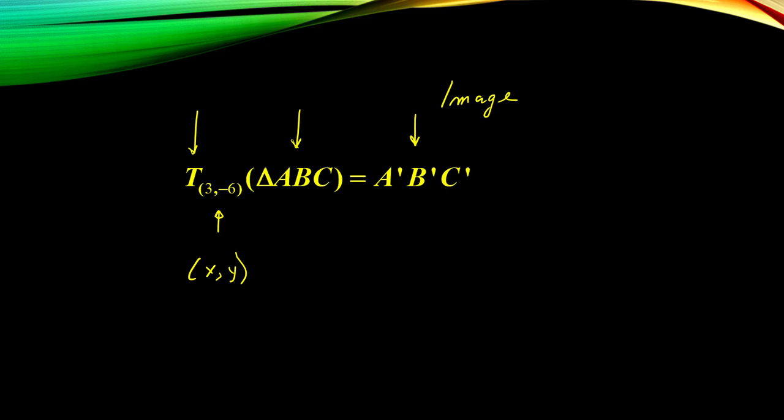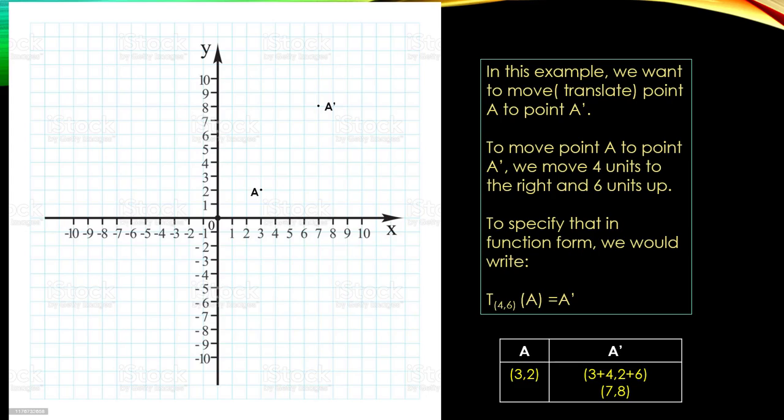So let's see how that works. In this example, we have a point A right here, and we want to move it to that point right there. If we look carefully at this and we draw in a triangle like we do for slope, this is a little bit different.